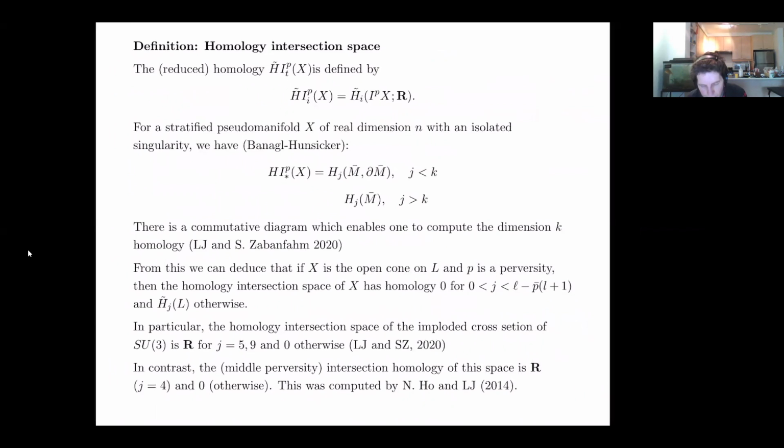Okay, so the homology of these intersection spaces is given by the following.